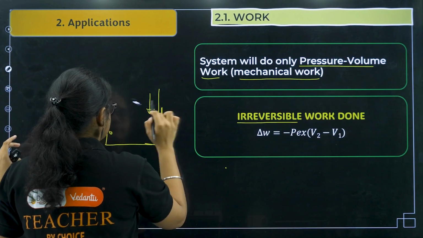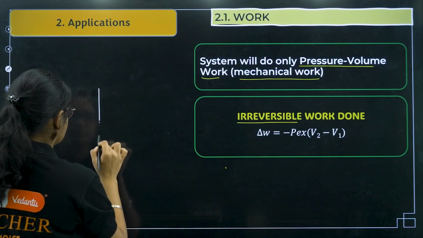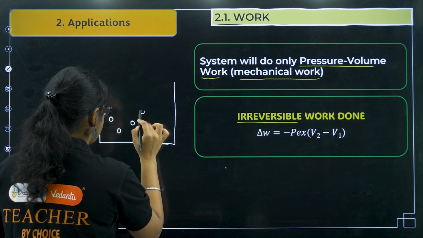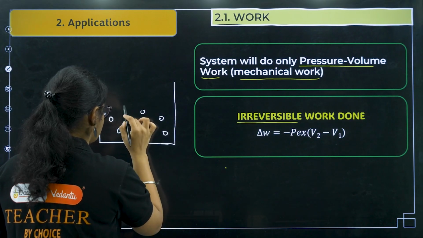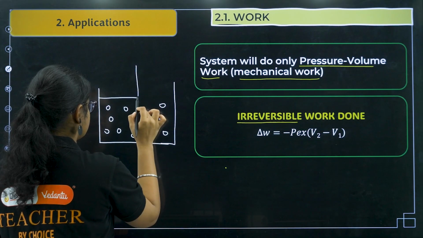See, we'll do a very good diagram to understand this. So we have this one, we have gas particles, and here we have the piston.